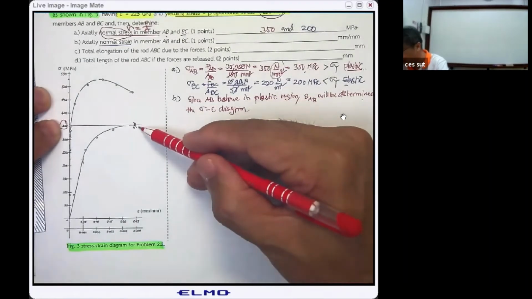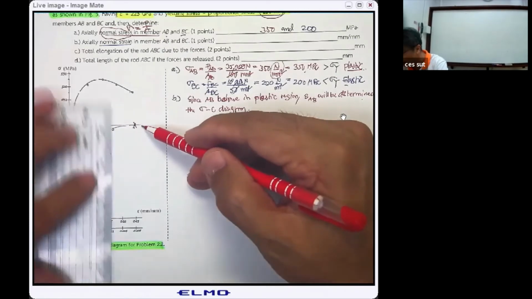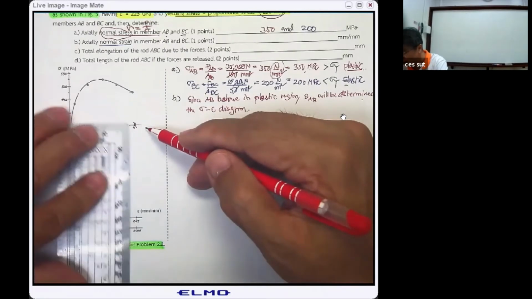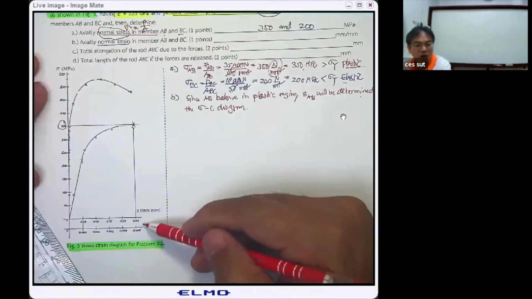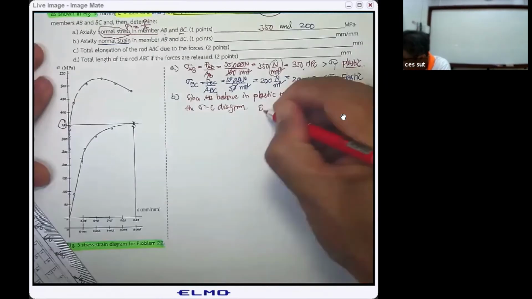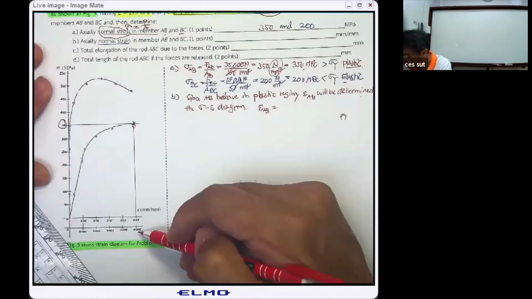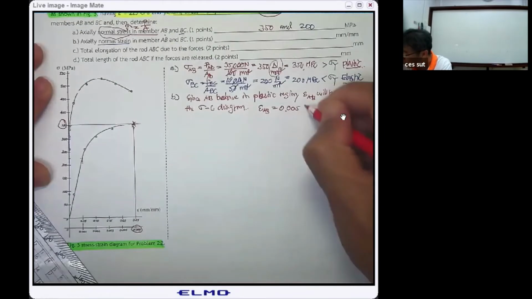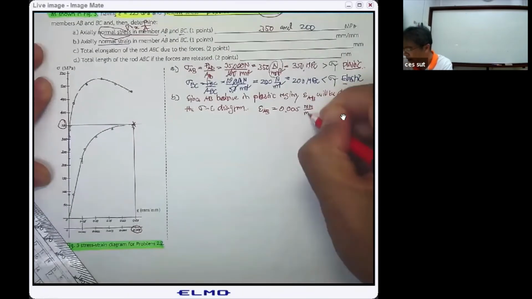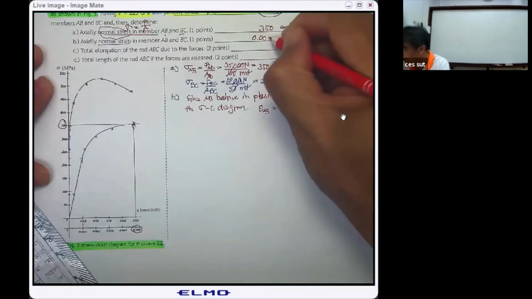So you project it down from this, and then you will get the strain here. Which one are you going to use, 0.25 or 0.005? By using the bottom scale, you get strain sub AB. That is going to be 0.005 millimeter per millimeter.